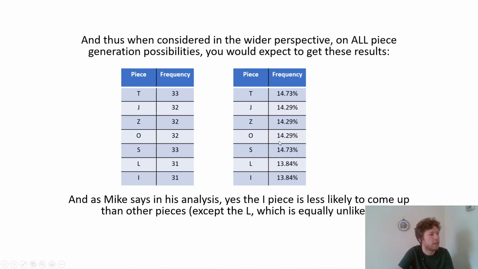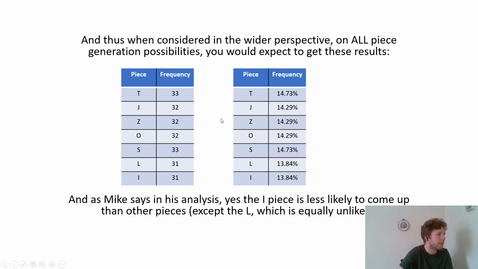The T and the S pieces appear most often, 14.73%, and L and I appear less often, 13.84%. So again, Mike says in the analysis that the I piece is less likely to come up than the other pieces, which we all feel at times, but there's actually statistical value behind that.